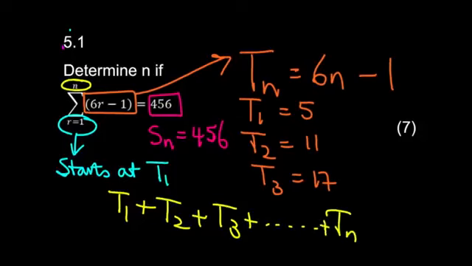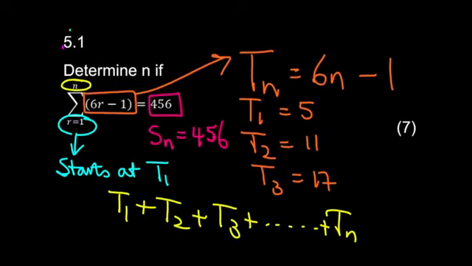So I'm adding a certain number of terms together, and I'm getting 4, 5, 6. The question is, how many terms am I adding up to get to a sum total of 4, 5, 6? So notice how much decoding I've had to do to understand what is hidden behind all these numbers and variables. Okay? First one is the sequence and how it's made up, the general term. The second one is my sum.